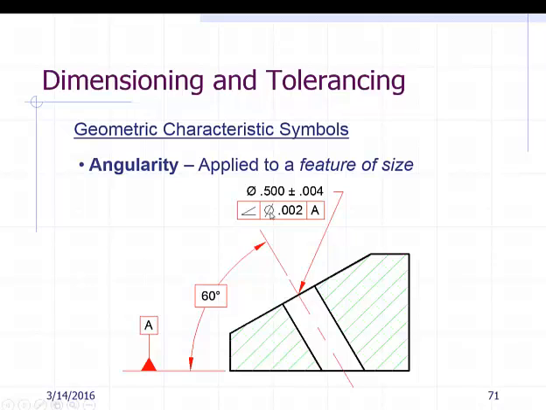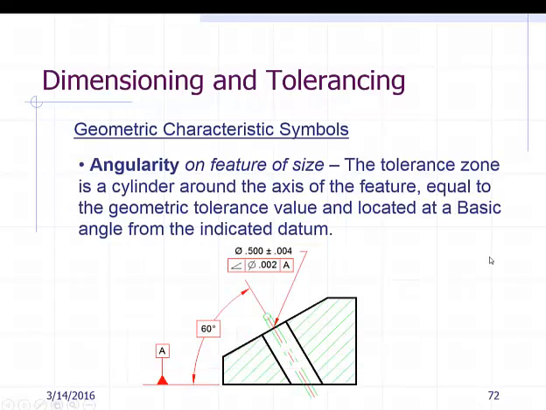So therefore we've got to put in the diameter symbol if we're talking about a cylindrical shape. And again, basic dimension with the box around it. So all tolerance comes from the control frame. And that's just a visual explanation. They're just showing you the little cylindrical shape as we've talked about.